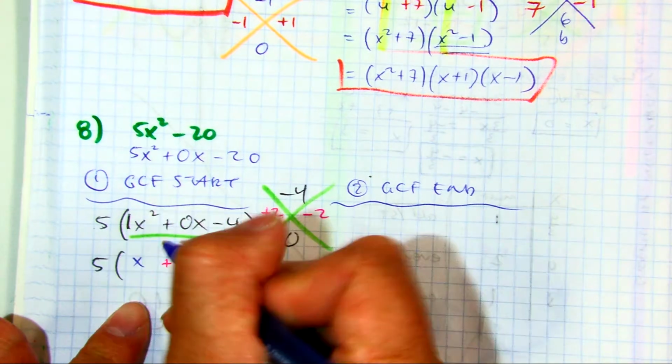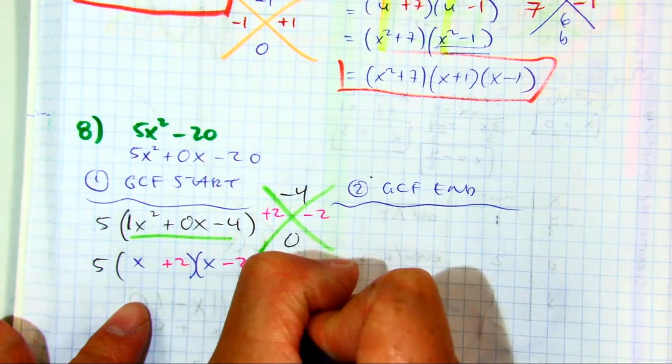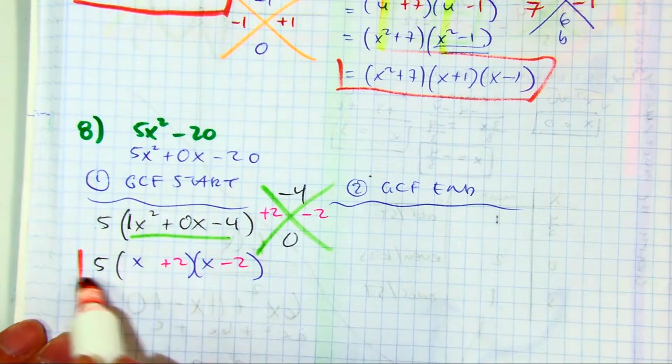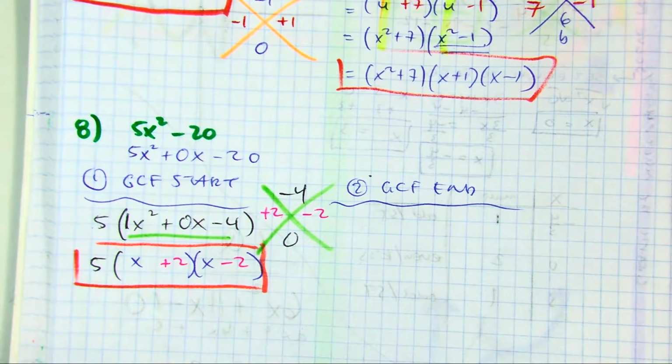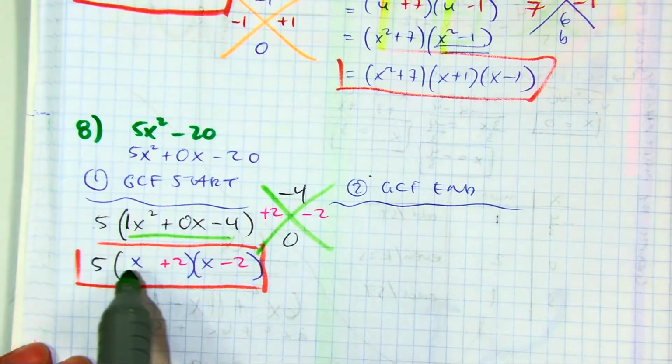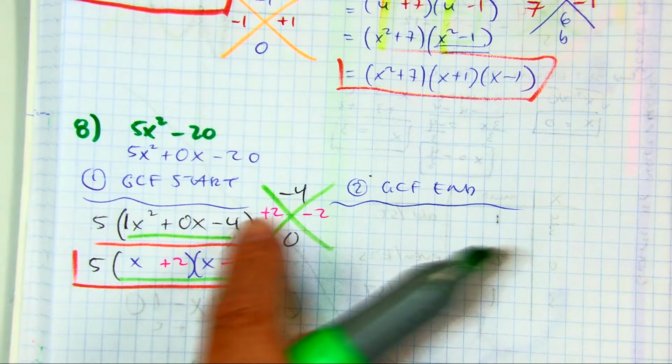So I'm going to have x plus 2, x minus 2 as the answer. Raise your hand if you got that. So you're only factoring what's on the inside, and the binomials there come from what we did with our x method.